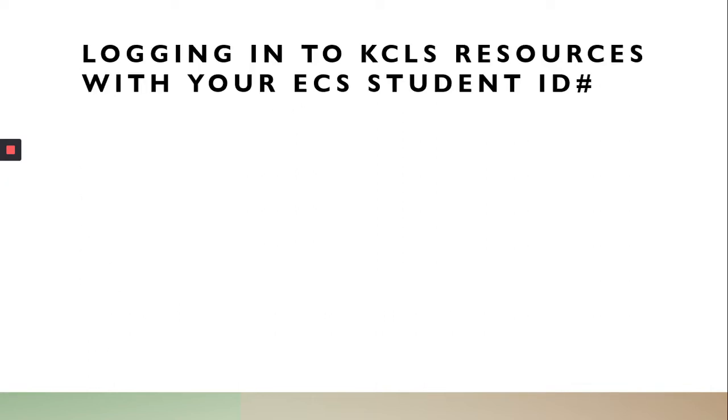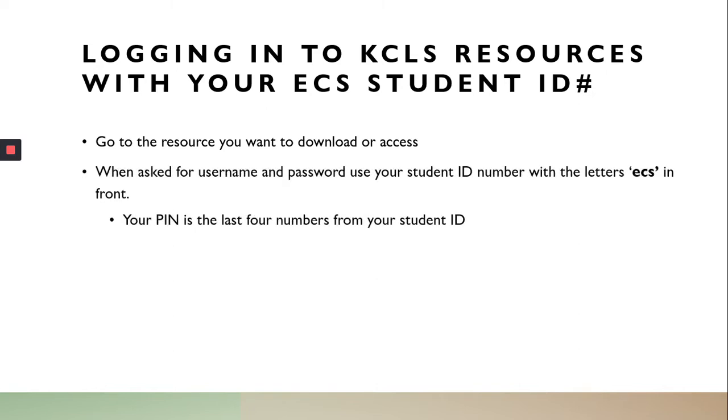So the way you're going to log into the King County resources is you're going to go to the King County website, and at the point where you're trying to download a book or open a program, it's going to ask for your username and password. So the username is going to be your student ID number with the letters ECS in front, and then the PIN will be the last four numbers of your student ID.